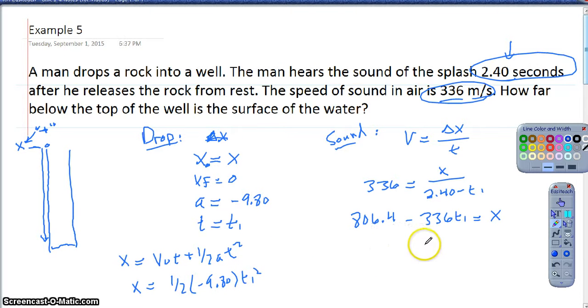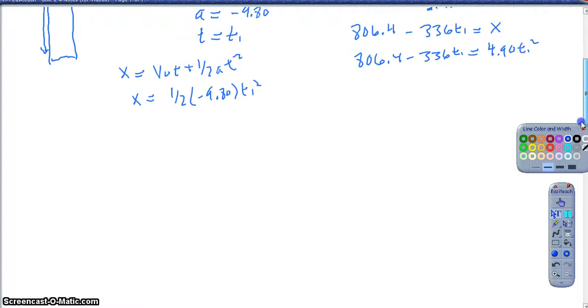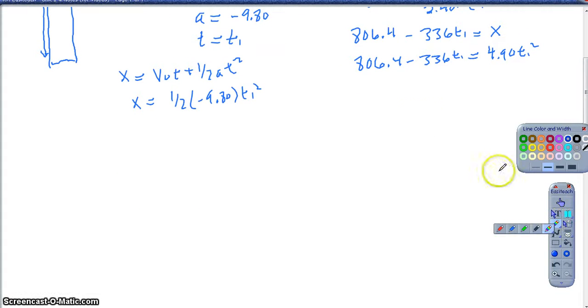Ultimately I get 4.90 t1 squared equals 806.4 minus 336 t1. So substituting all of that in, at this point it's just a quadratic. I've got to get everything to the same side of the equation and then do the quadratic formula.